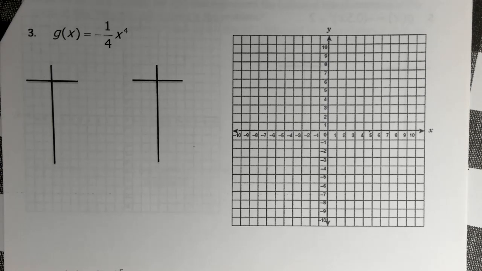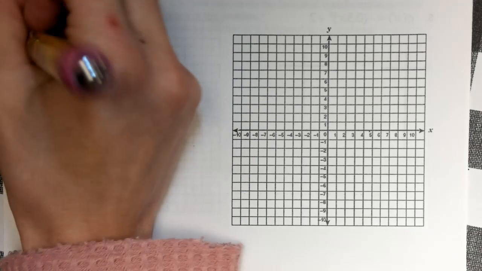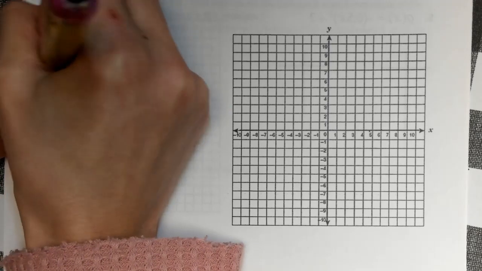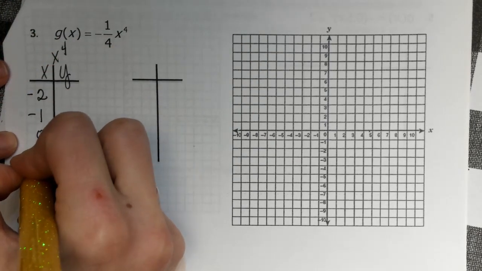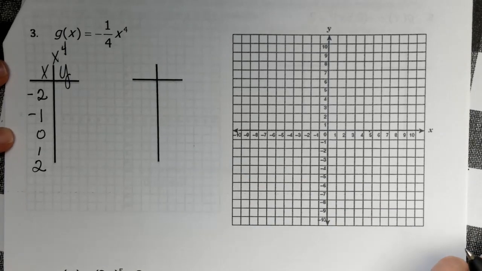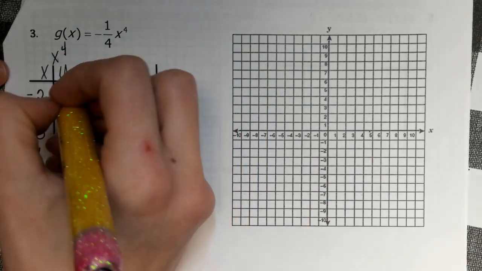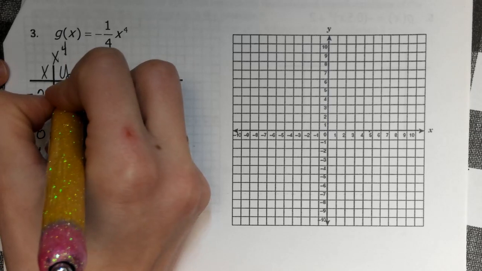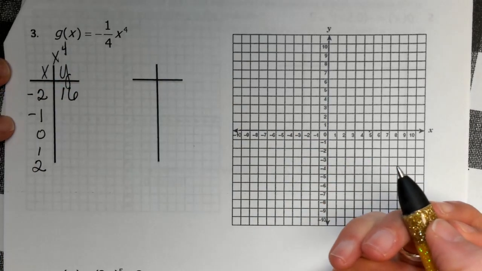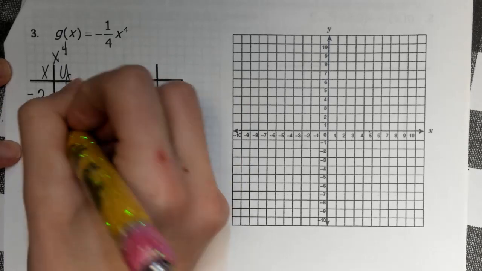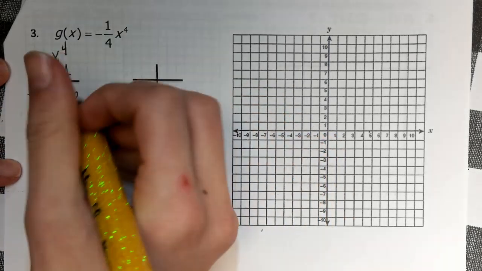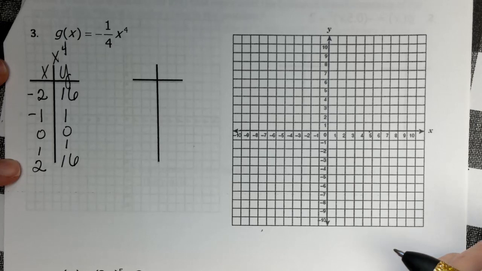All right, now, example 3, I have negative 1/4 x to the 4th. So what's my parent function going to be? X to the 4th. I'm still going to use negative 2, negative 1, 0, 1, 2. But now negative 2 to the 4th is going to be 16. Negative 1 to the 4th, 1, 0, 1, and then 2 to the 4th, 16.